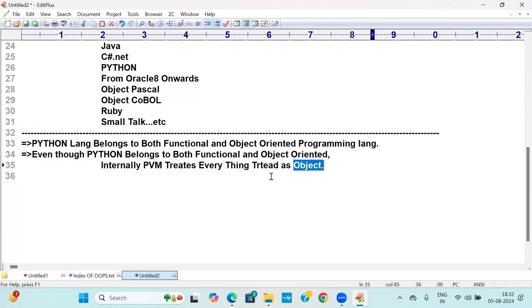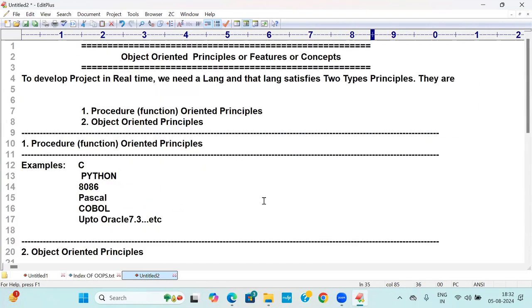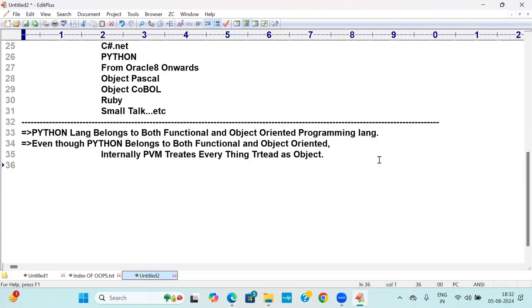To create an object, a class is compulsory. So I'm going to talk about what is the benefit of it. Everything is treated as an object. Advantages.